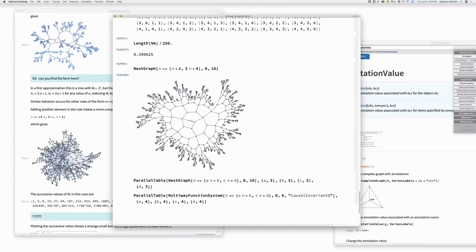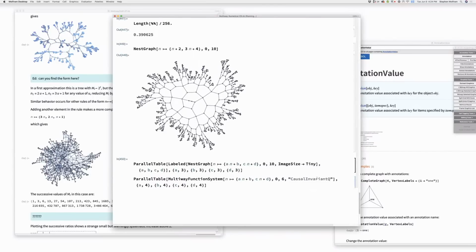And let's not make the mistake of not labeling the thing. Let's say labeled, and then let's put ABCD here. Okay, let's see what this looks like. And let's actually make these image size tiny.